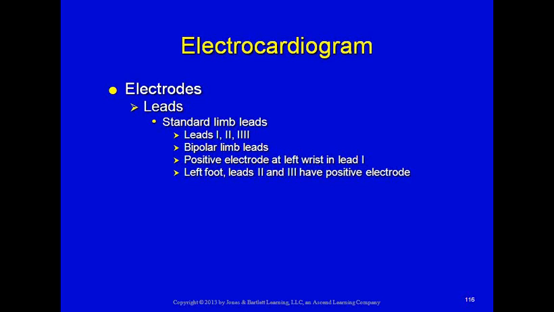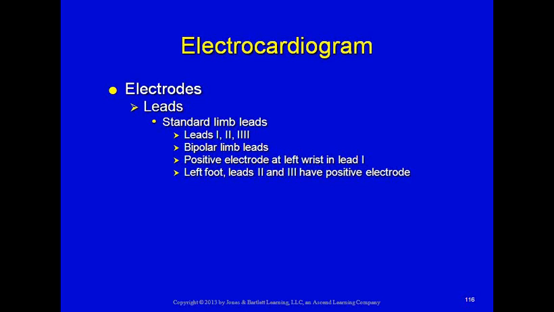Now you have your standard limb leads, leads 1, 2, and 3. They're known as bipolar limb leads, and the reason they're bipolar is that depending on which lead I'm looking at, let's say lead 1, which looks from the right white electrode across the chest to the black electrode.